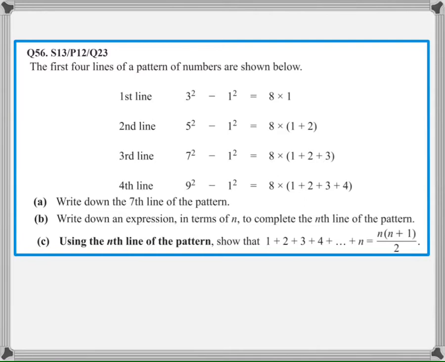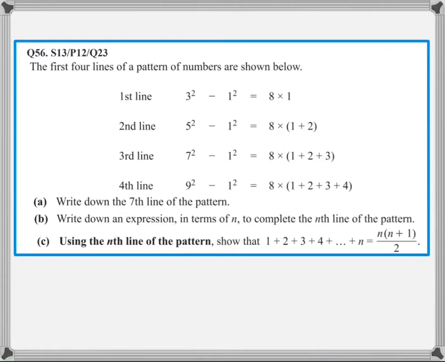By now, you would have developed a pattern. You know that after the negative sign, there is a 1 square always. So that's kind of fixed. But in the first line, it's 3 square. Second line, 5 square. Third line, 7 square. Fourth line, 9 square. Fifth line, 11 square. Sixth line, 13 square.